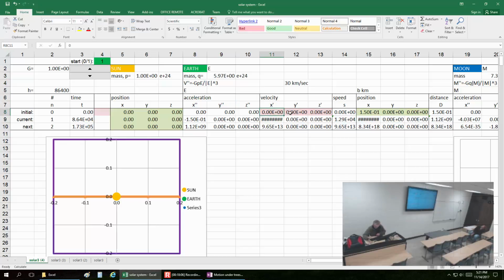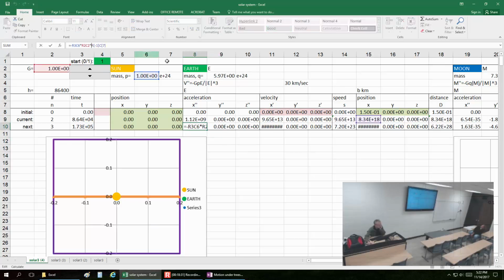I think they're zeros. Initial position is 1.5, 0, 0. These are zeros, so it should work. I don't see why it's not working.